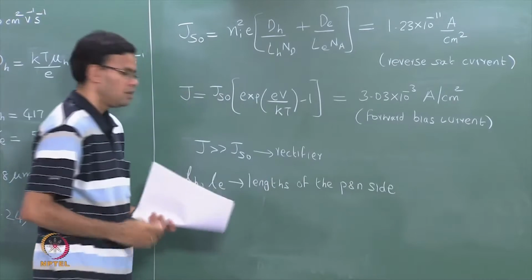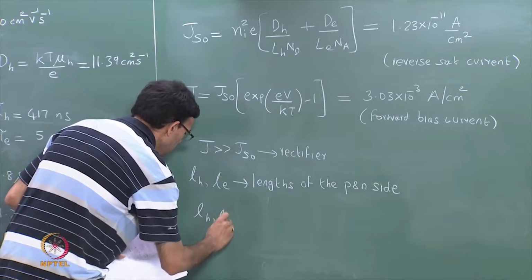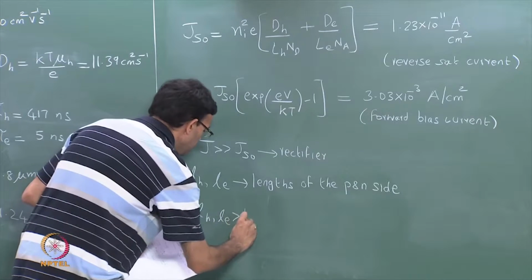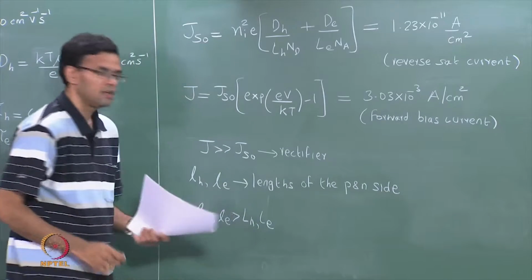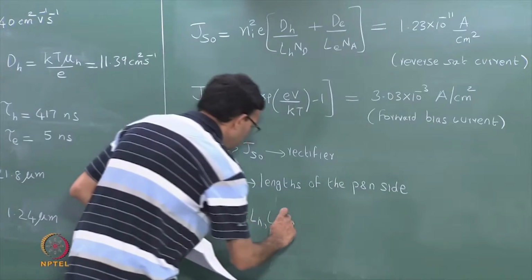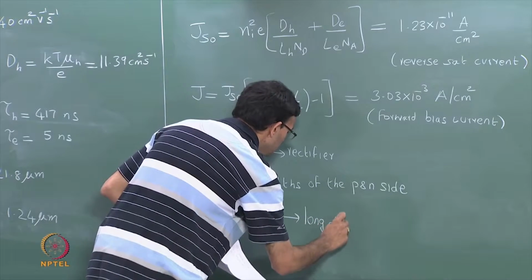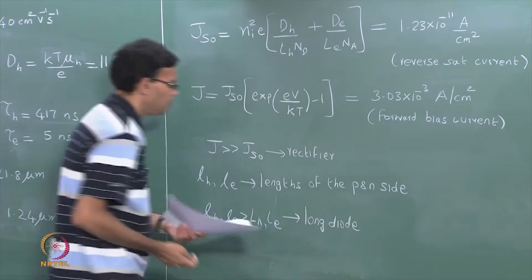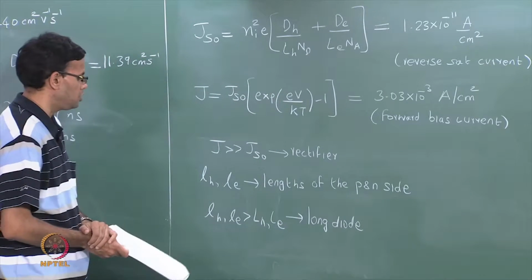So, we have assumed that LH and LE are larger than the diffusion lengths. So, this kind of a diode is called a long diode. So that the diffusion lengths are what goes into this equation.